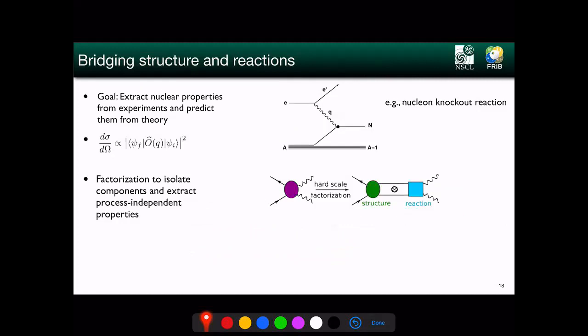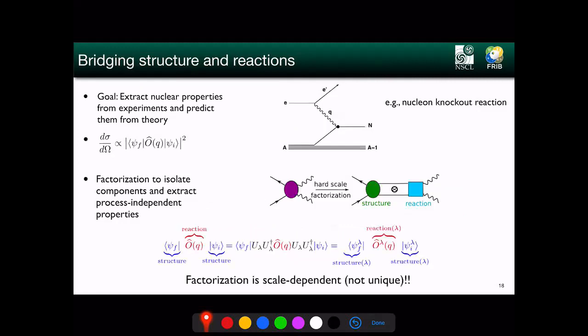Okay, so the basic thing that we're going to do here, the game plan, is we're going to take a look at some matrix element which might enter into one of these hard electron scattering processes, which is schematically shown down here. And we're going to basically just insert unity using our unitary RG transformations.